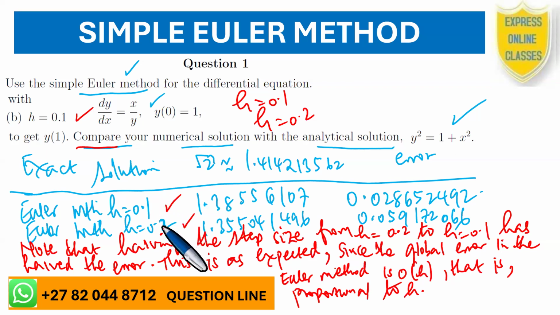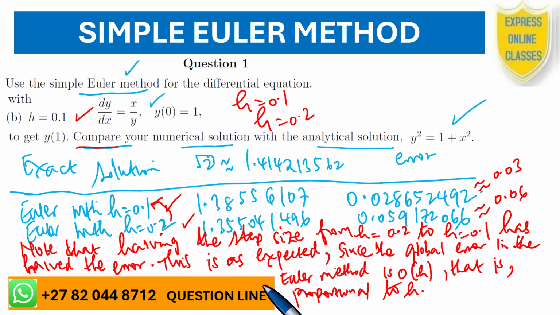Okay, how true is this claim? We started with 0.2 and then we halved it to 0.1. Now we're claiming that it has halved the error because the error at 0.2 was 0.06, and now it is 0.03. So you can see it is true that halving the step size from h equals 0.2 to 0.1 has halved the error.